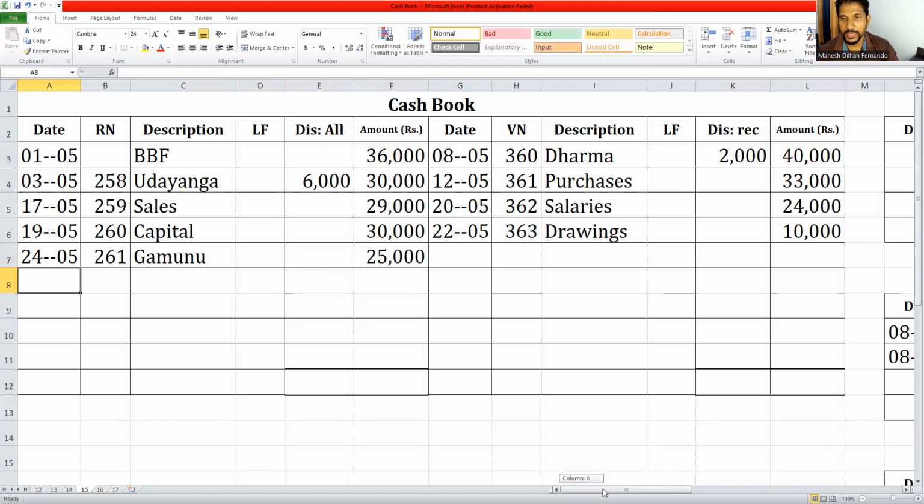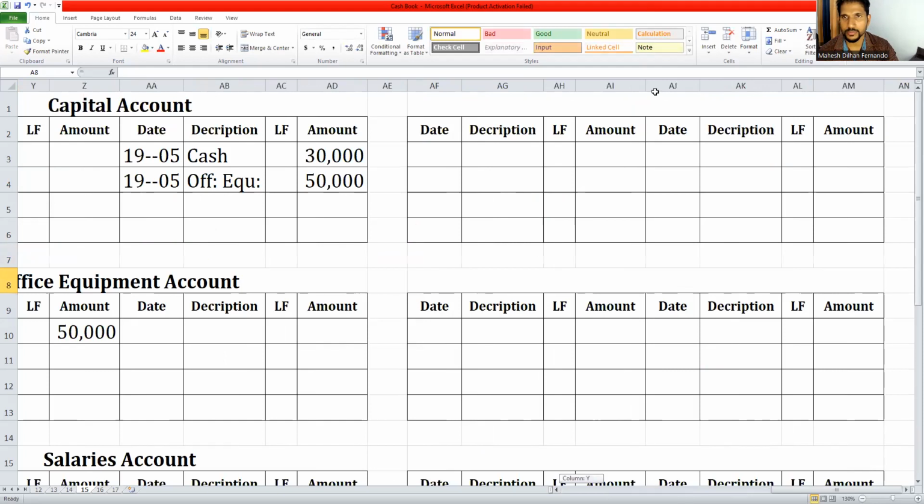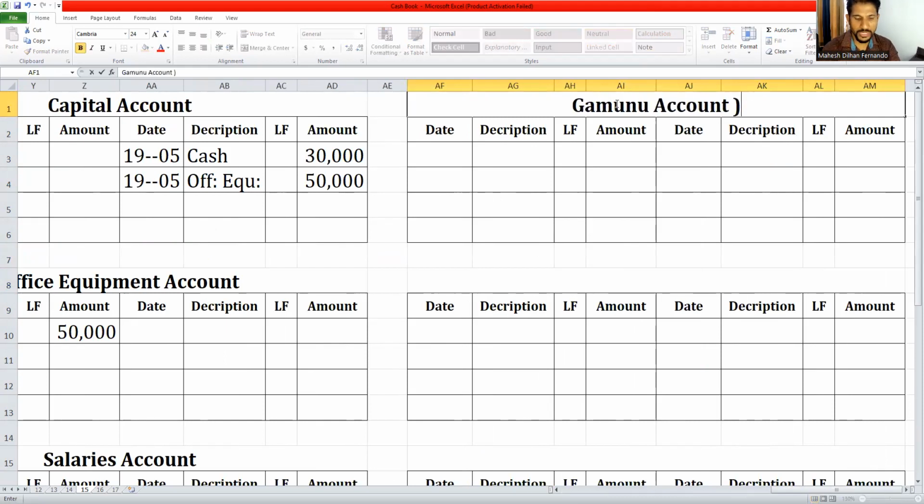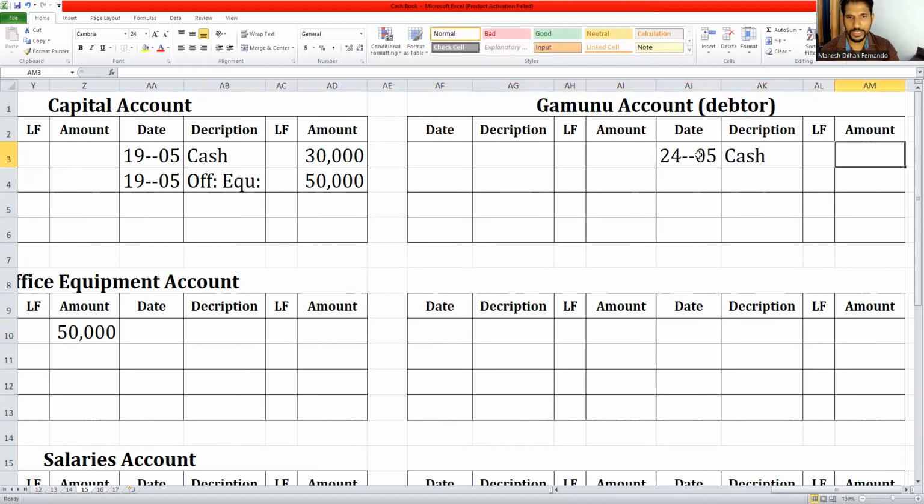Open the personal account of Gamunu. Gamunu is a debtor. We have collected Gamunu's account on 24th of May. Description cash. Amount collected 25,000.